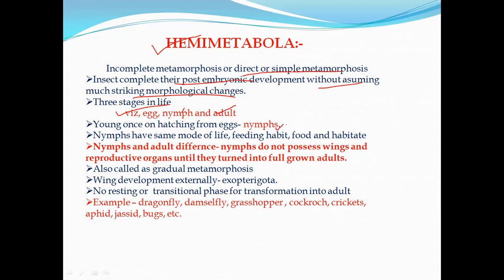Very important: nymph means the young one after the egg hatches. The word nymph is generally used for liquid feeder insects, the plant sucker insects. The nymph has the same mode of life, feeding habit, food and habitat as the adult.